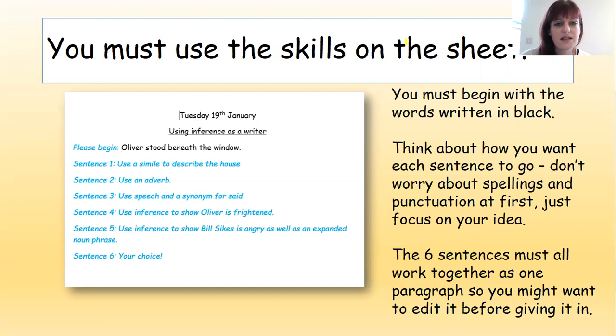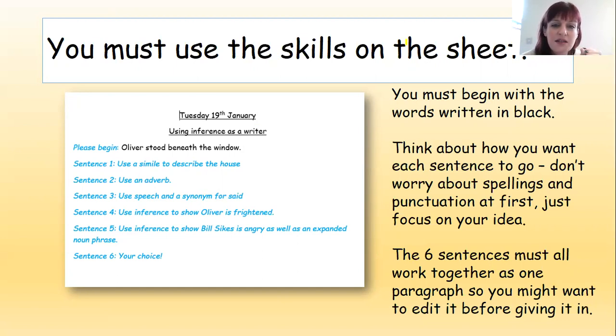And then next sentence, sentence one, you need to use a simile to describe the house. So you might use a sentence like, above him loomed a giant house like, and you need to use a simile. So like a mountain soaring into the sky, or like a big black figure waiting to consume him, or something like that.